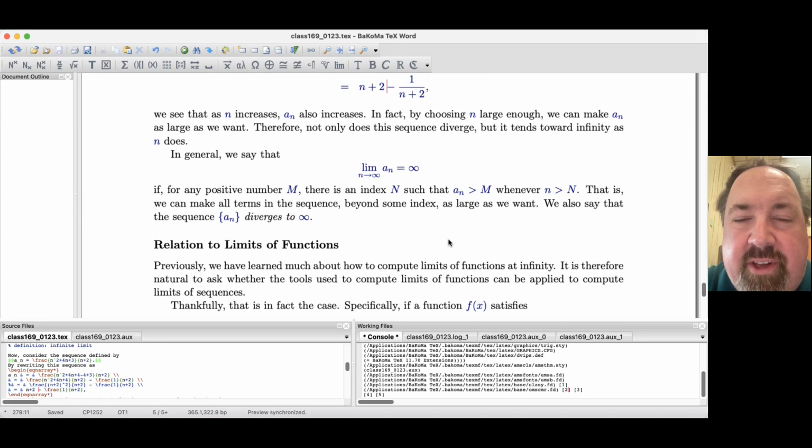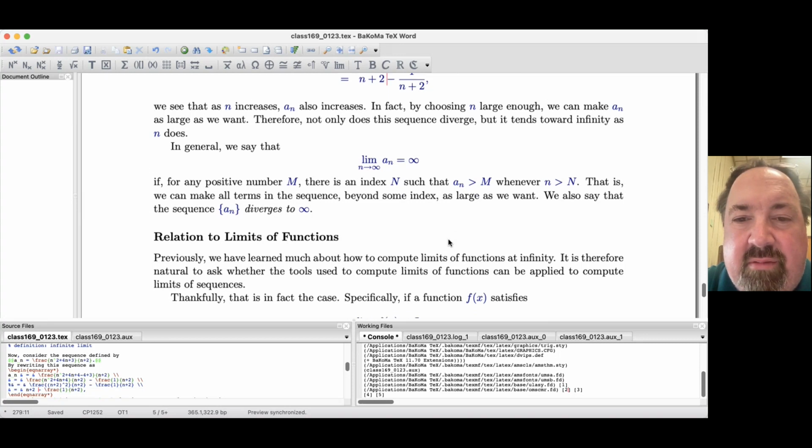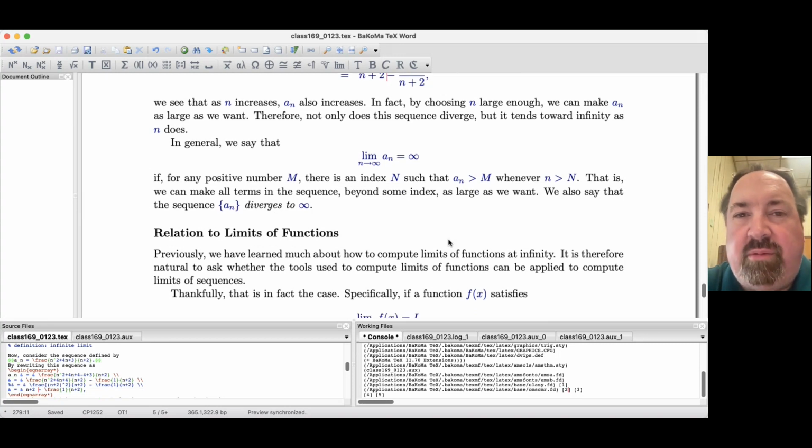The way that we will figure out whether a sequence converges and, if so, what the limit is, is through techniques that you last saw in Calculus 1, where you were finding the limit of a function f of x as x goes to infinity. All those techniques apply here because a sequence can be thought of as a function whose domain consists of natural numbers instead of all real numbers.